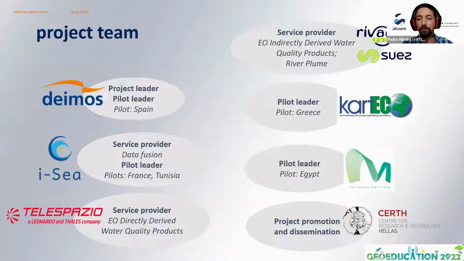And we have these institutions that are leading the contact with the engaged stakeholders and end users in each of these pilots. And finally, we have Demos as project leader doing all the management, but also doing the integration of the solutions in a single platform and providing all the infrastructure.